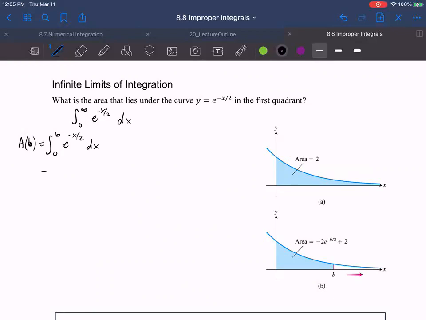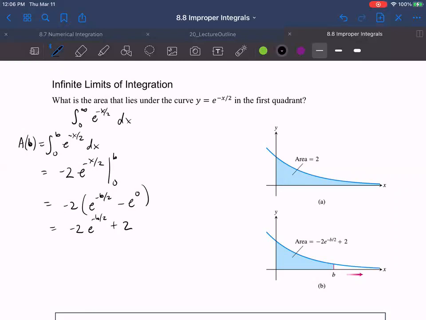And when we do this, we can take this integral, negative 2e to the negative x over 2, evaluated from 0 to b. And then that becomes negative 2 times e to the negative b over 2 minus e to the 0. And that gives us negative 2e to the negative b over 2 plus 2. E to the 0 is 1. So negative 1 times negative 2 is that plus 2.